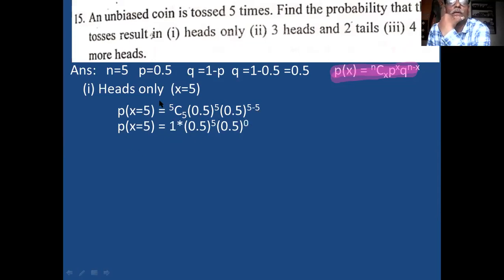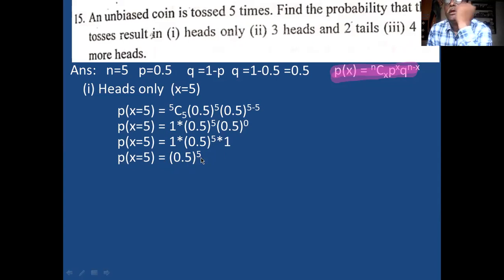Second step. 5C5 is equal to 1. 0.5 raised to 5. 0.5 raised to 0 is equal to 1. Remember this. So 1 into 0.5 raised to 5 into 1. If you multiply this, last answer is 0.5 raised to 5. You write the 0.5 5 times and get the answer.